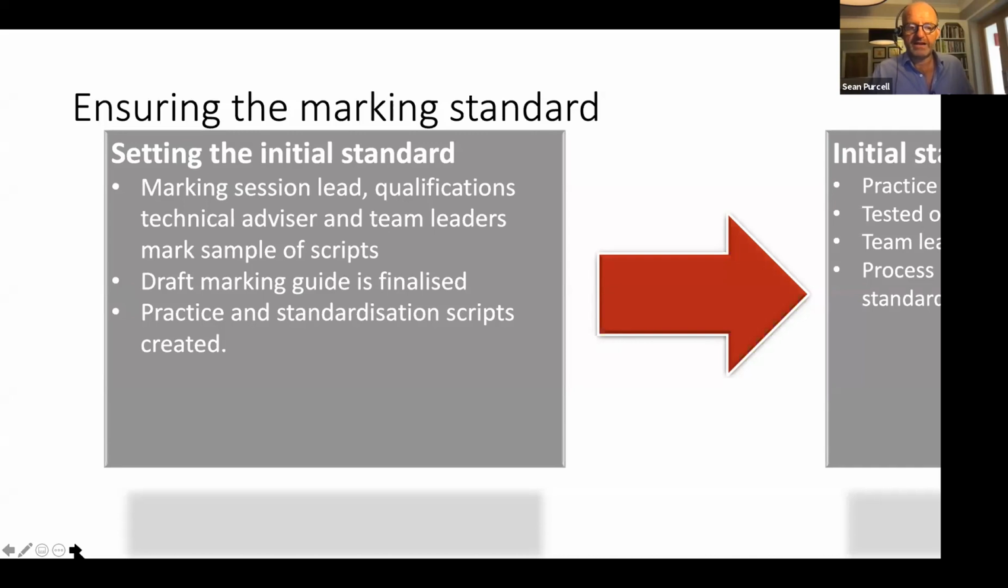They will then develop a number of practice scripts that evaluate key observations that markers need to see. So these practice scripts will be created.